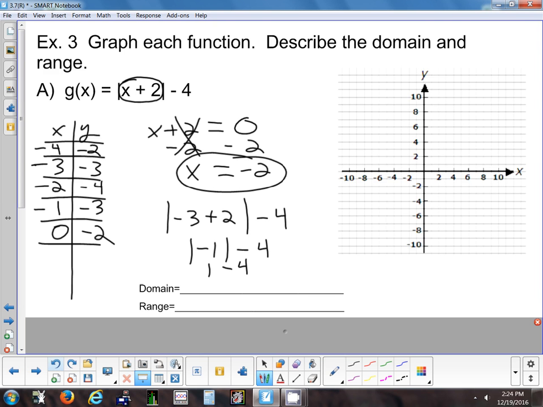So -4, -2. Let's see, -3, -3, -2, -4 should be about right there. -1, -3, and 0, -2.